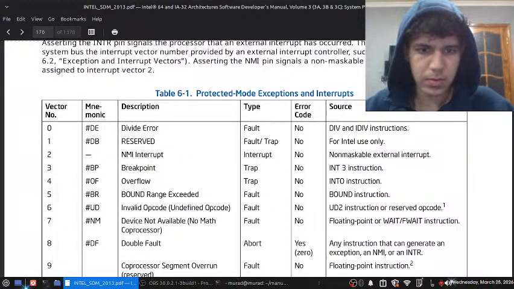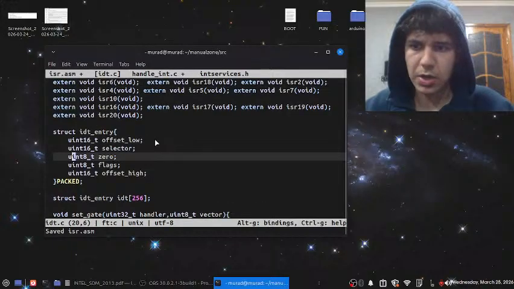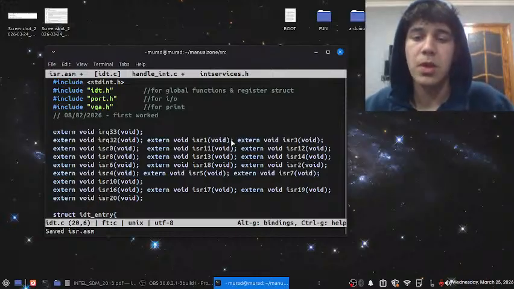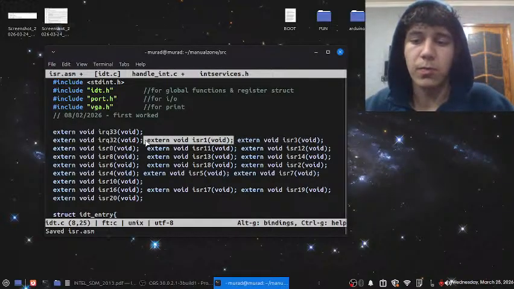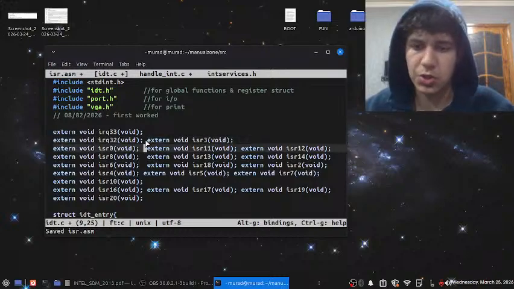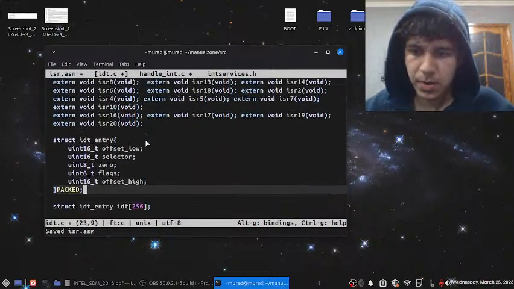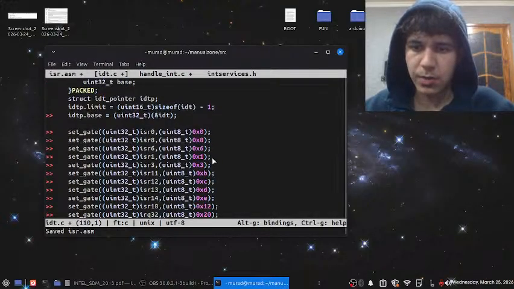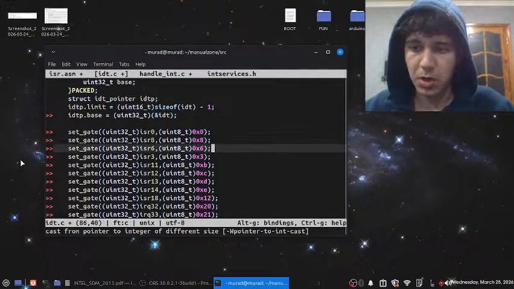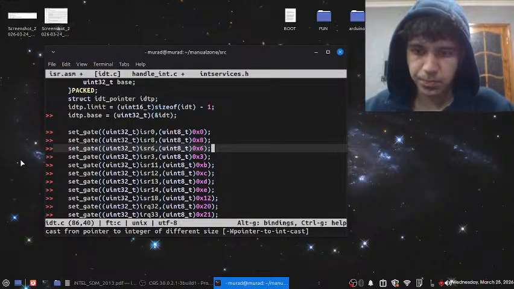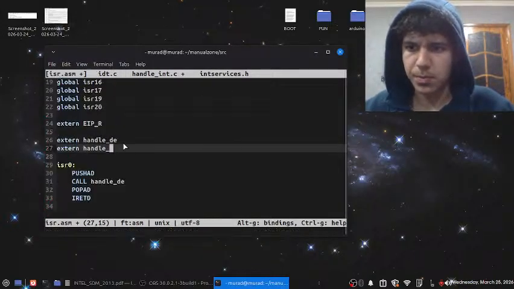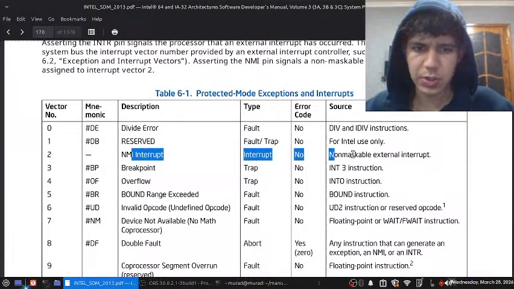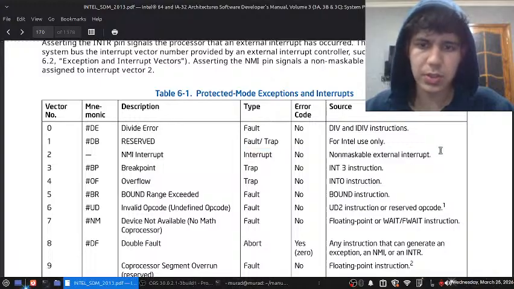Reserved instruction, so I don't have to use the reserved instruction, because why should I handle a reserved instruction? It will take one line of code in my kernel. Okay, there is reserved instruction and non-maskable interrupt, non-maskable external interrupt.